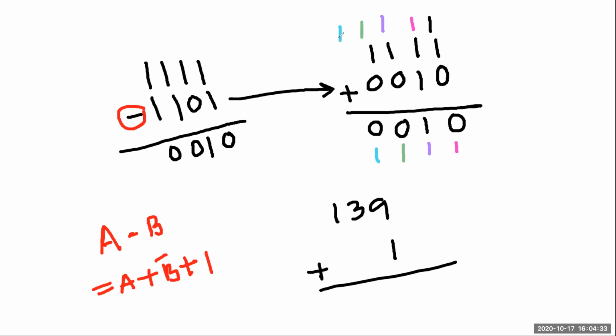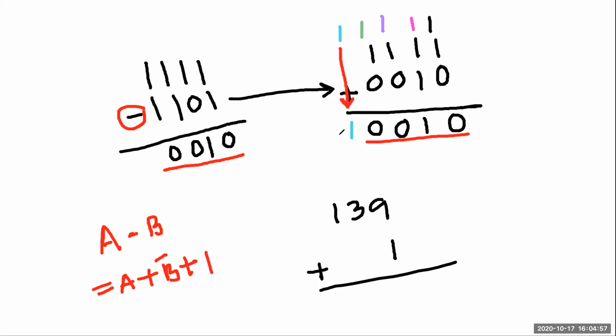Now, if I consider this 1 as the first place of our result, our result is not matched. Our result has some problem. The last 4 bits are correct. But if I take this and place it here, our result is incorrect.